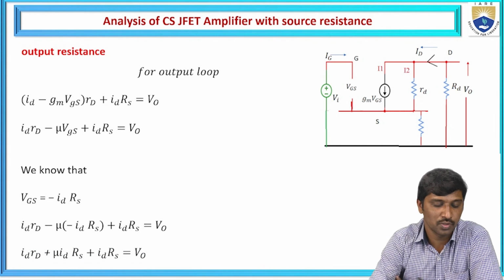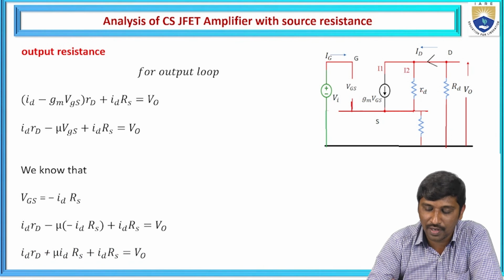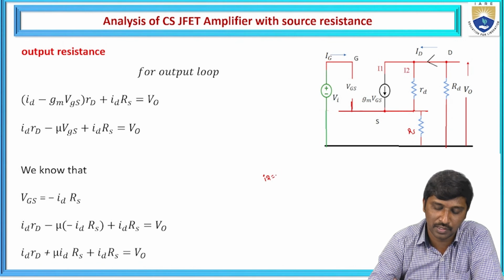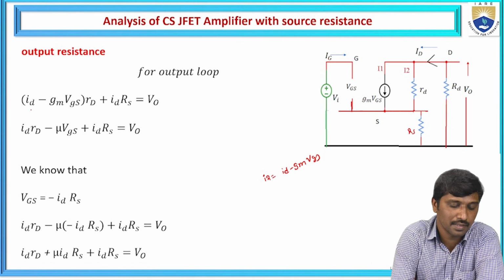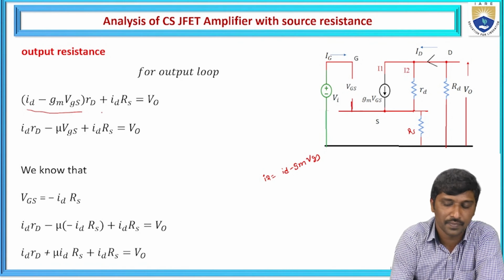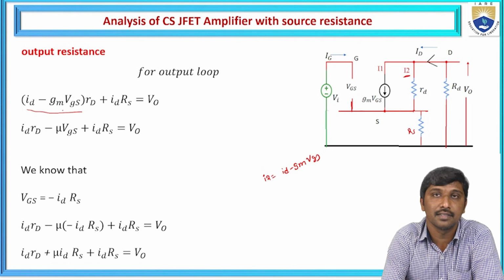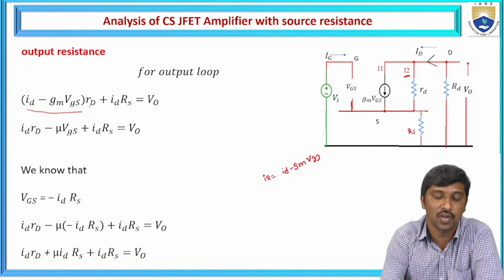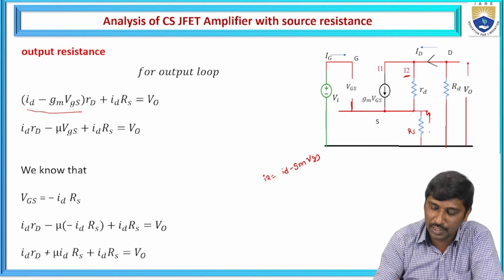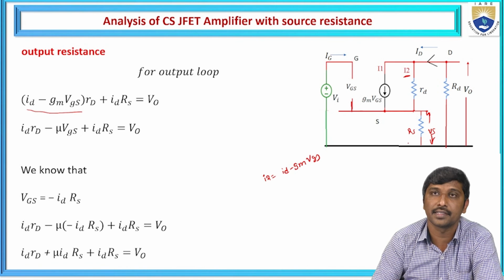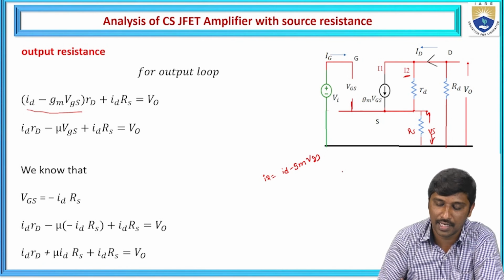Similarly, for the output side, this is Rs. The output side means the I2 current flows across the small rd. What is the I2 current? We know that I2 is ID minus gm into VGS. So this I2 current is represented as ID minus gm into VGS times small rd, plus the voltage drop across this capital RS, which is represented as ID into RS.